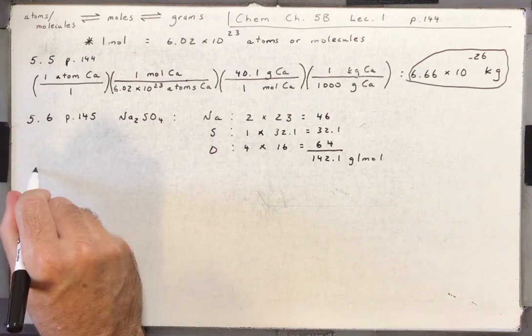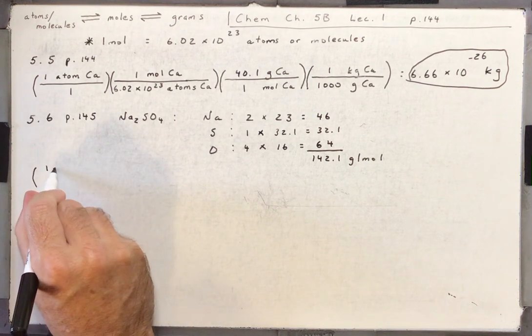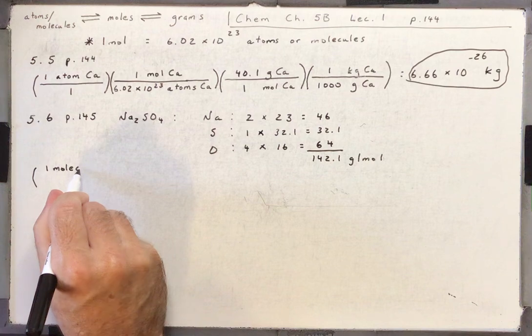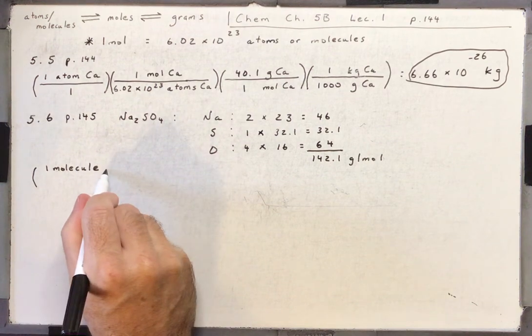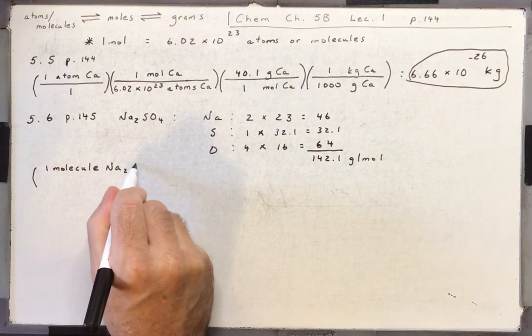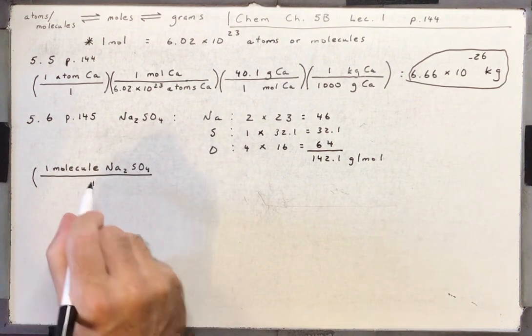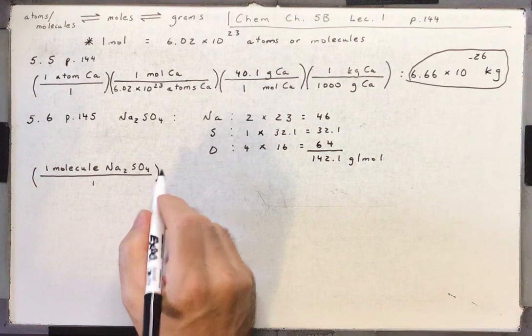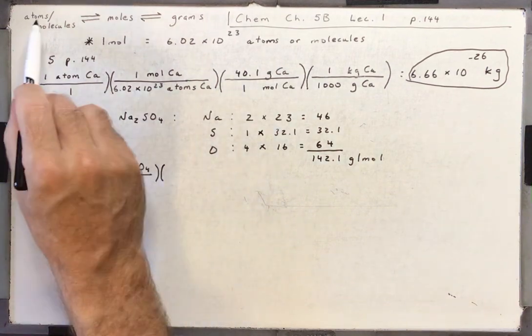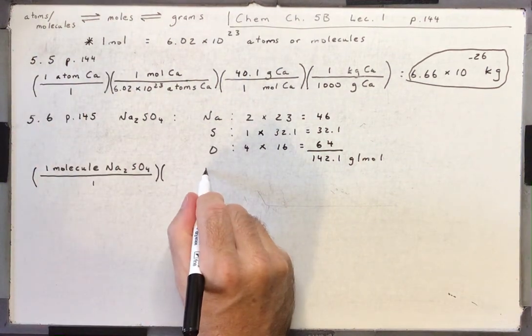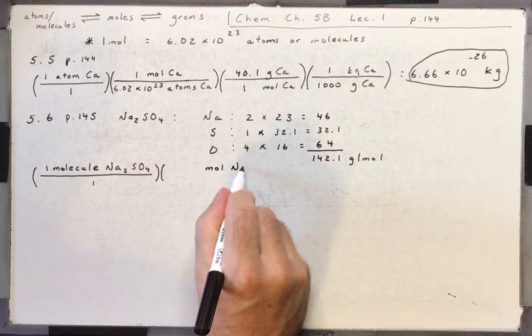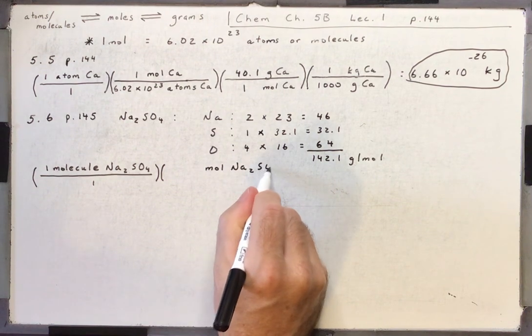So we have, start to the far left, 1 molecule of Na2SO4. Put that over 1. That's where we're starting. Now we want to go to moles. So put moles of Na2SO4.